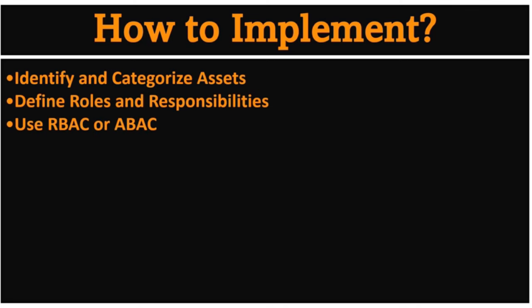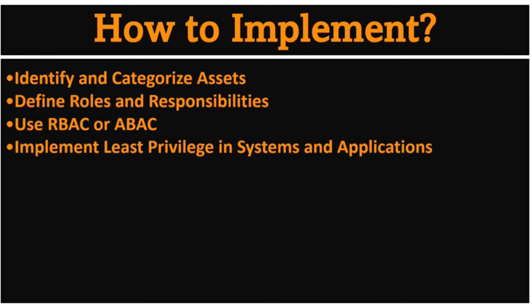Next, you can use RBAC or ABAC like we discussed before to assign permissions based on their job roles or attributes. Make sure that you update roles and access rights as responsibilities or roles evolve. Next is implementing the principle of least privilege. Limit access to only essential functions within applications.